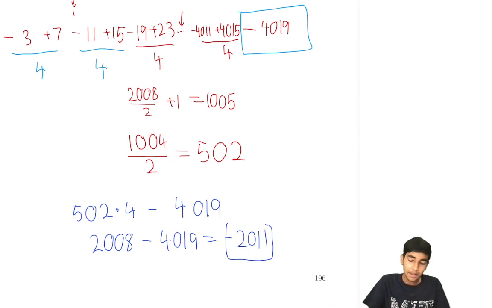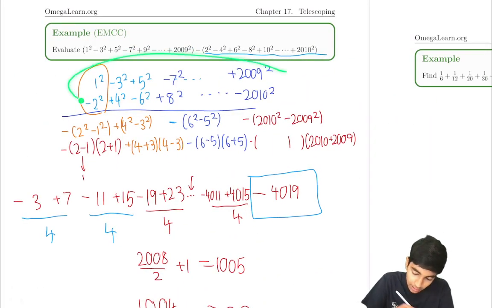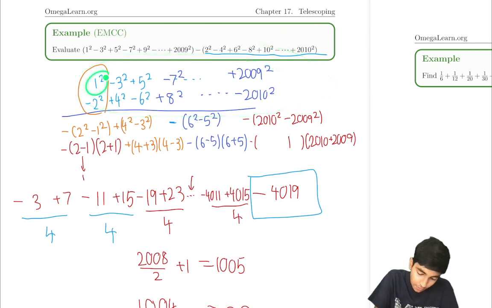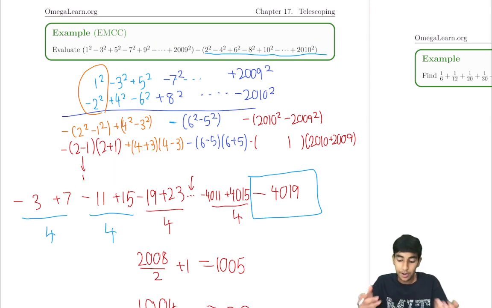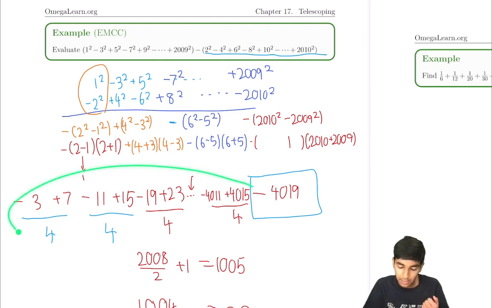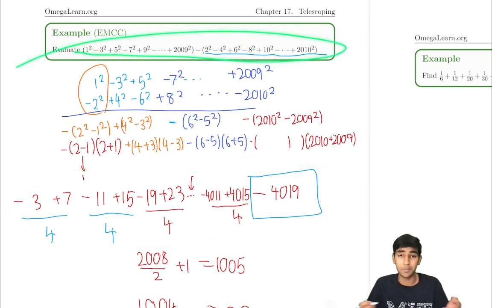A classic application of telescoping where the key idea is to write this like that, and then notice this kind of 1 squared minus 2 squared. Oh, we can rewrite it. Difference of squares, it forms something nice. 3 squared minus, or 4 squared minus 3 squared, it forms something nice as well. And then we kind of cancel it out using difference of squares to get a nice and simple expression like that. I mean, it's not simple yet, but it's much simpler than this, if you ask me.